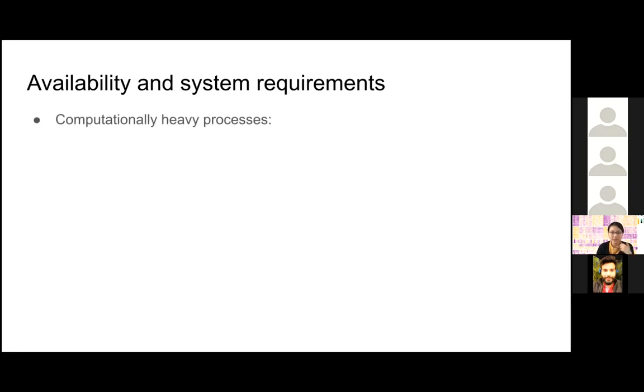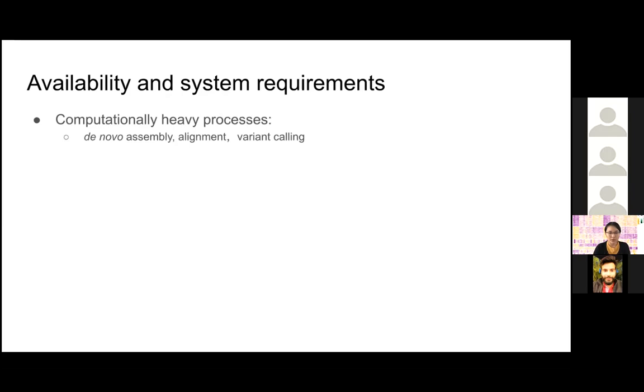Now, this depends on the computational requirements of these different processes. Out of all the processes that we mentioned in the previous slides, some of the usually computationally heavy processes would be de novo genome assembly, for example.